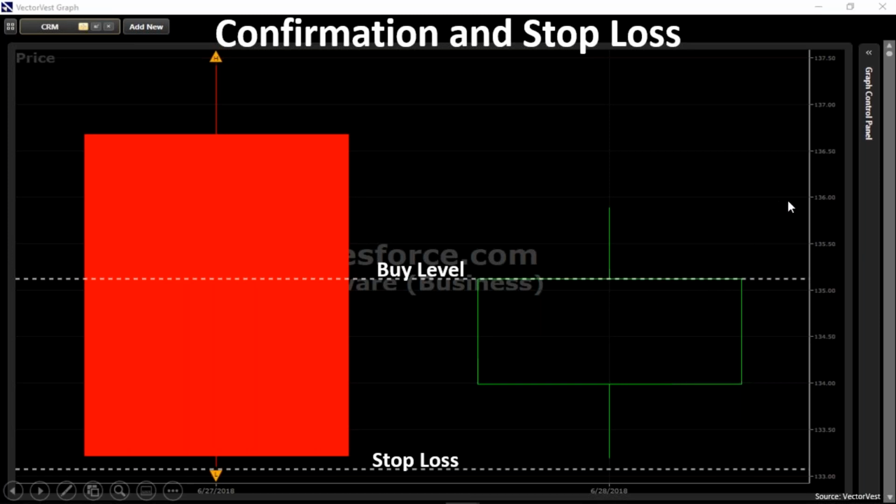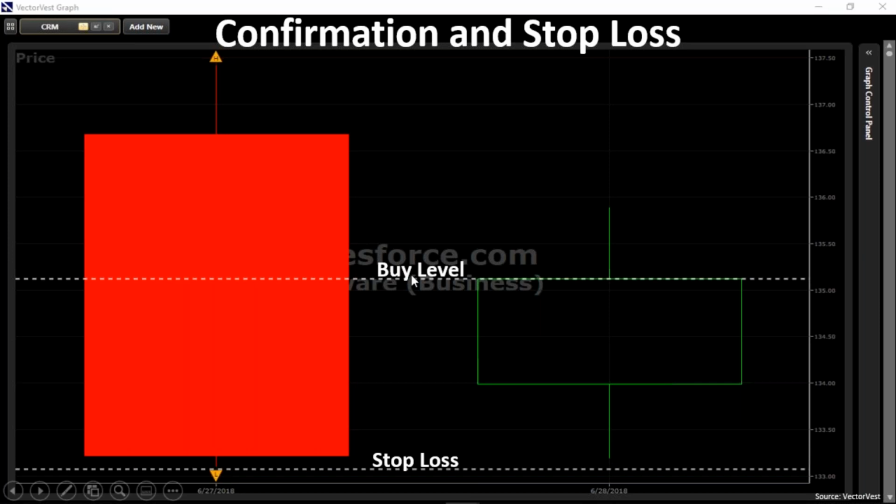So if price crosses above that level the following day, I could enter the trade. I have confirmation. If I do enter the trade, where is my initial stop loss? It's the lower of the two lows here. In this case, it's the low of the filled red candle, the bottom wick of the filled red candle. That is the lower of the two prices here.